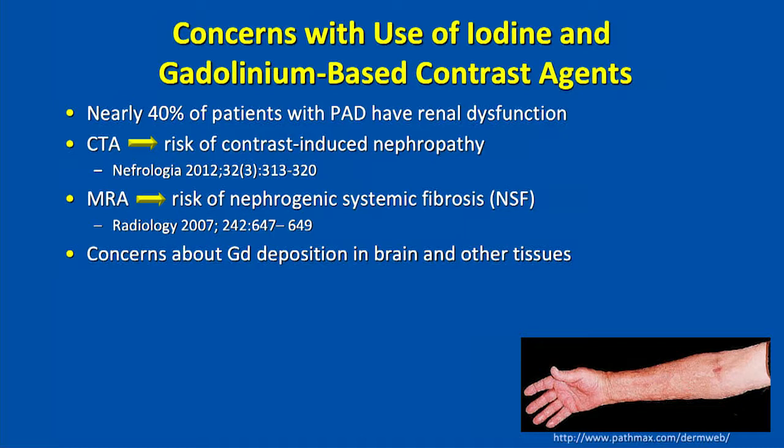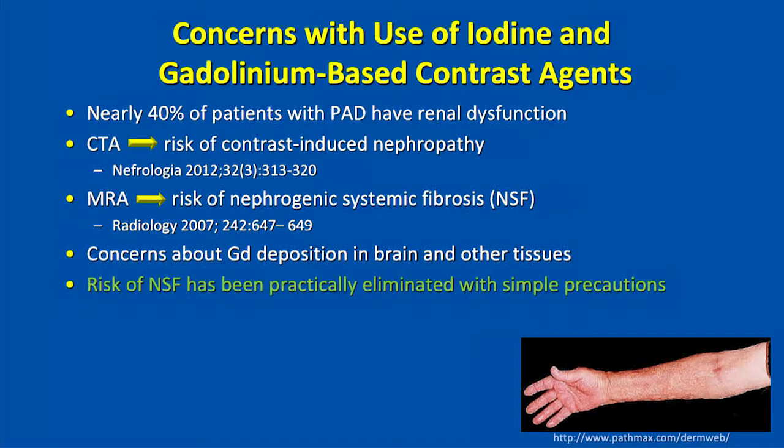For instance, many patients with arterial disease also present with renal dysfunction. In the peripheral arterial disease population, this fraction is roughly 40%. CTA poses the risk of contrast-induced nephropathy, whereas MRA poses the risk of nephrogenic systemic fibrosis, or NSF. There are also some more recent concerns about gadolinium deposition in the brain as well as in the body.